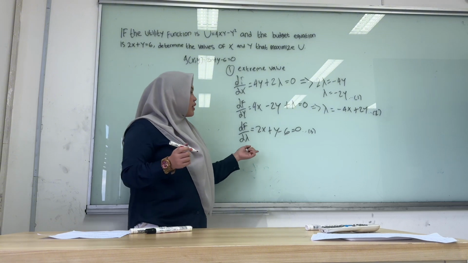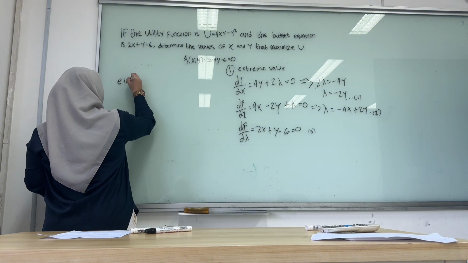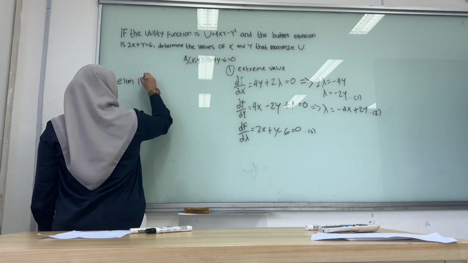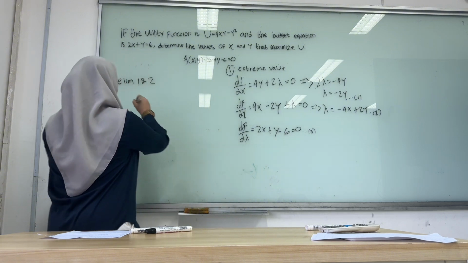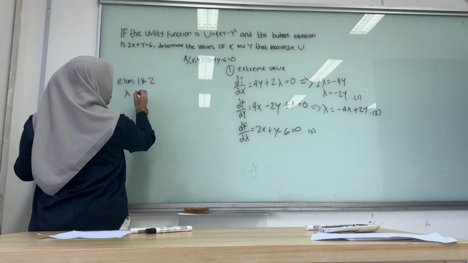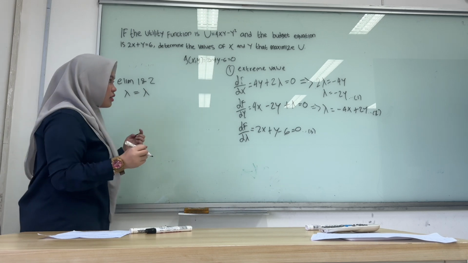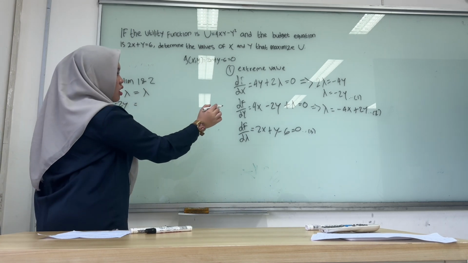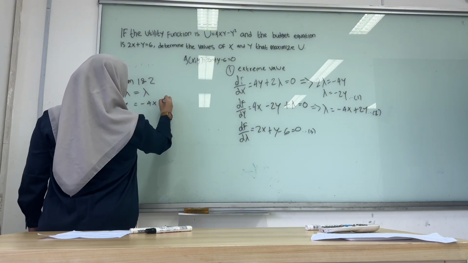Okay, so after we find this, we need to eliminate between the first equation and the second equation. So lambda equals lambda. So 2y equals minus 4x plus 2y.